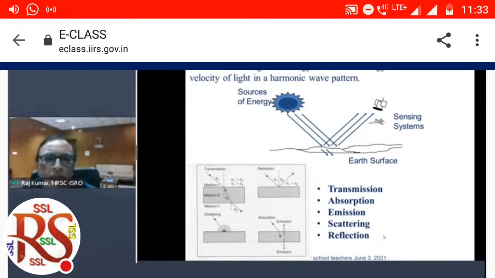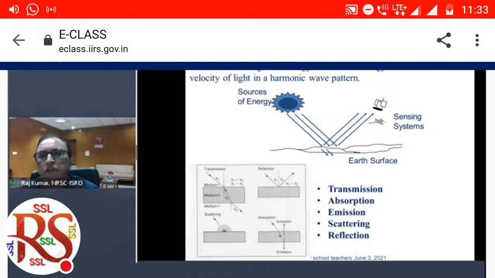In between, there is transmission I was talking about, because you are getting energy from a system, so the transmission will be there. Then some absorption will be there from the atmosphere itself, based on the constituents, based on the gas, as well as absorption when it reaches the surface of the earth, land as well as ocean.